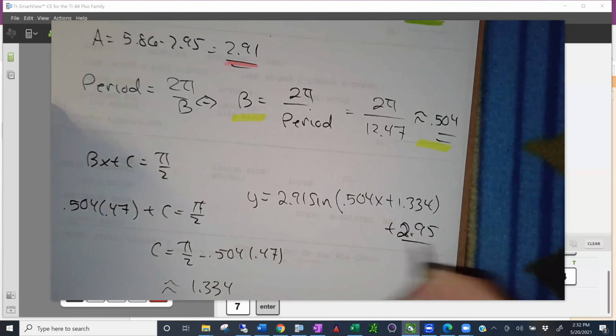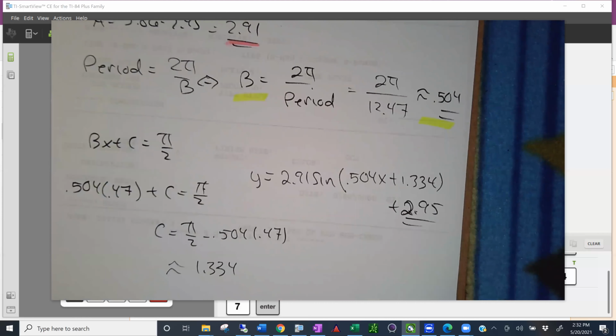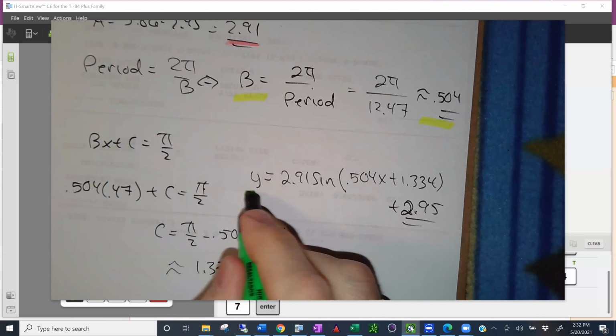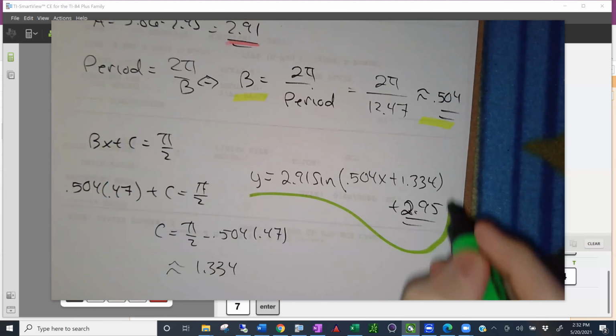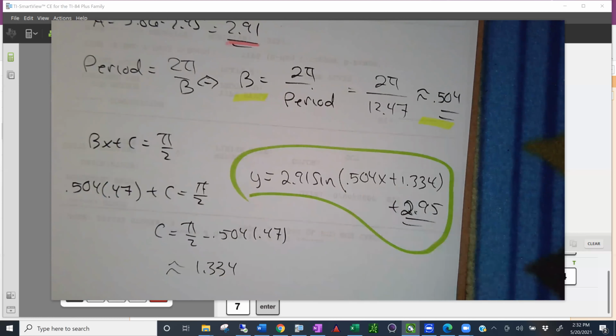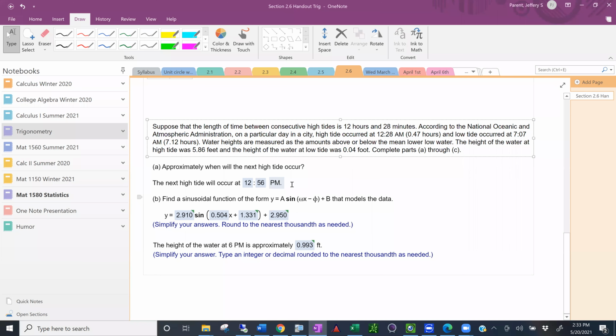And now you can use that equation to make predictions. I think they ask you to make a prediction. You're just going to type in the value of x that represents what time you need here. So let's look back at this. It asks approximately when will the next high tide occur. There's probably a couple ways you can do that.